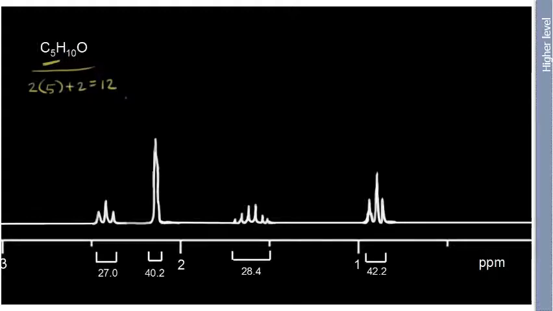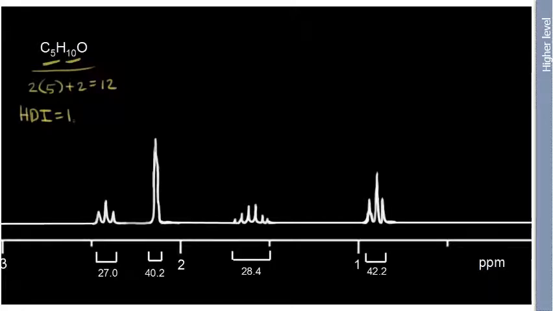Here we have only 10 hydrogens, so we're missing 1 pair of hydrogens, and therefore the hydrogen deficiency index is equal to 1. Immediately, that makes me think a double bond might be present in this molecule, or 1 ring.